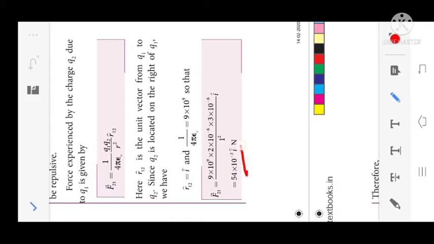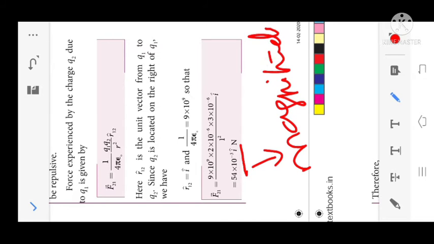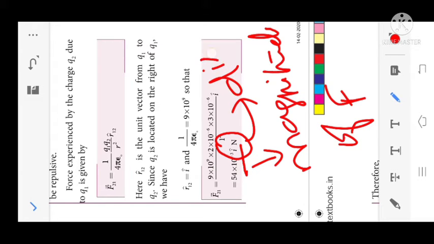In this expression, the 54 into 10 power minus 3 gives the magnitude of the force, and this i cap gives the direction of the force. So F21 consists of magnitude and direction. What about N? N is the unit for force. Here we have to write the force in vector notation. So that is our F21 vector.